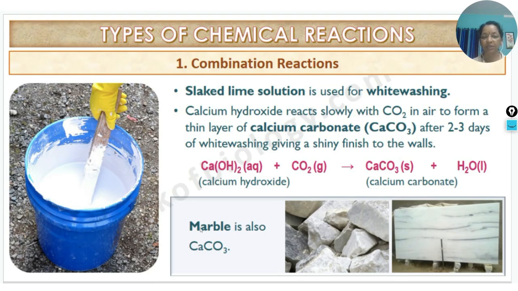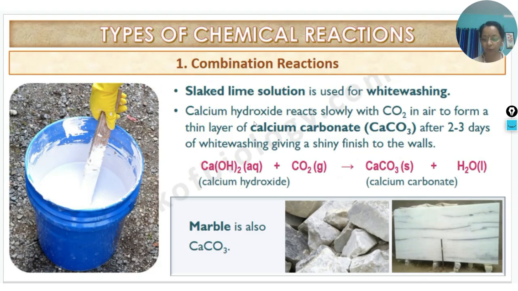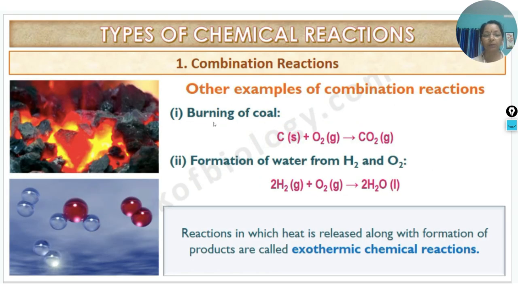Calcium carbonate, we know, is in marble and eggshell, all these things have calcium carbonate in them. Another example for combination reaction, one more thing I want to tell you, is burning of coal. Burning of coal or burning of any fuel can be considered a combination reaction.